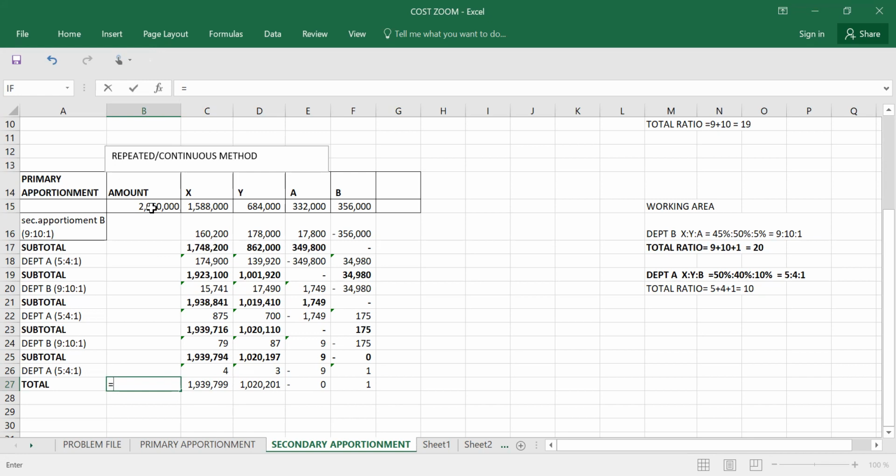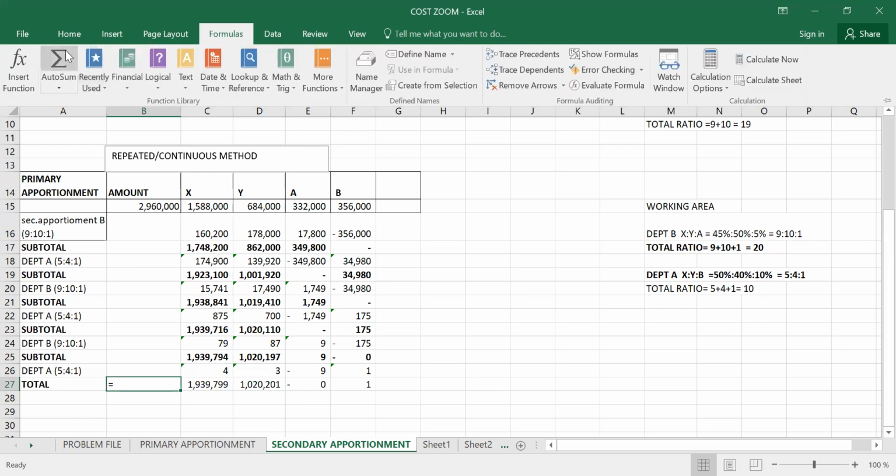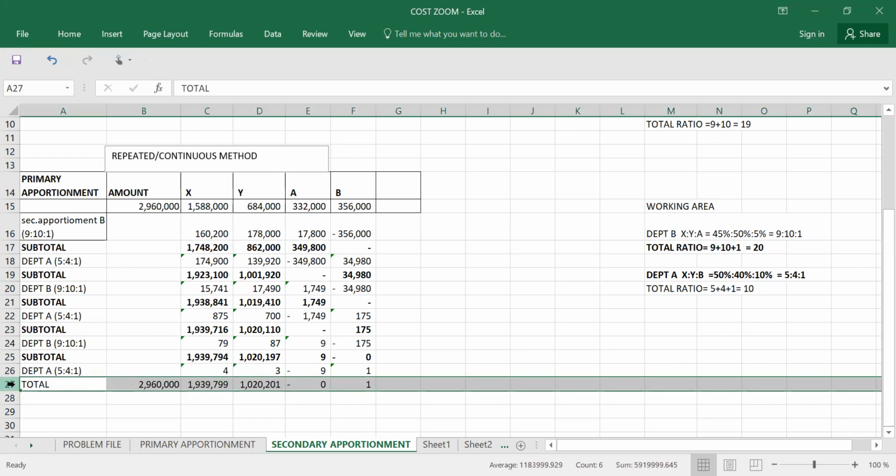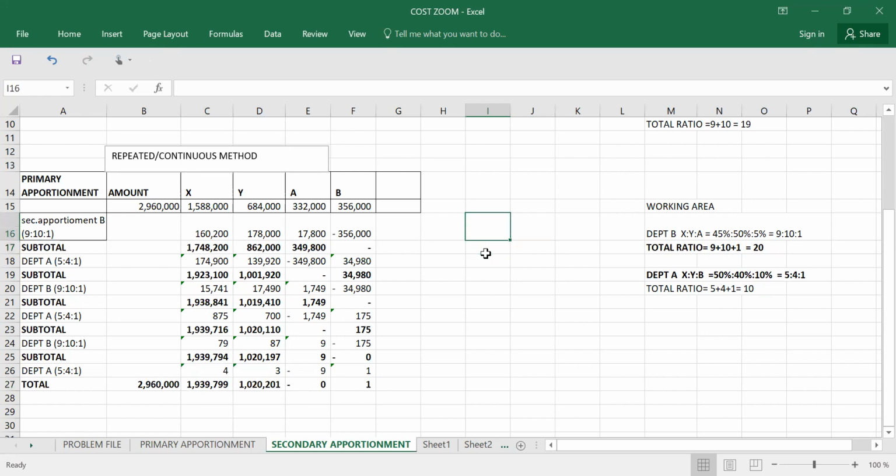So also auto sum from up there, and enter. That's how we can do this.